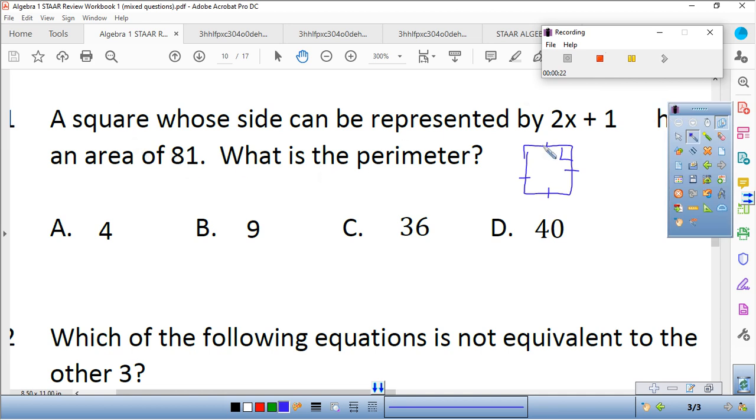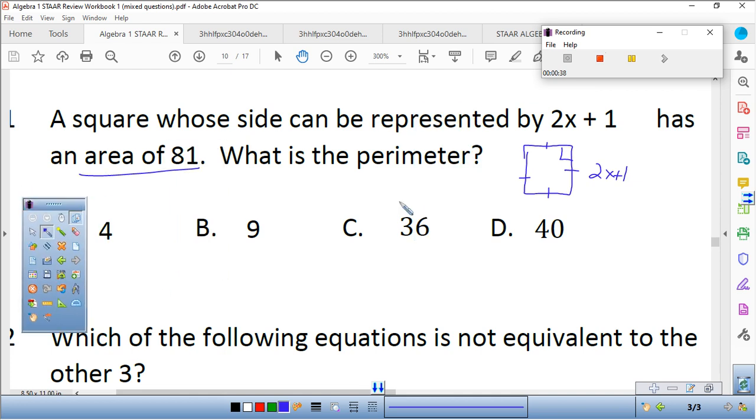What's the perimeter? So the side can be 2x plus 1. It has an area of this one. So we're going to go for a square, this one times the same thing over here, 2x plus 1.